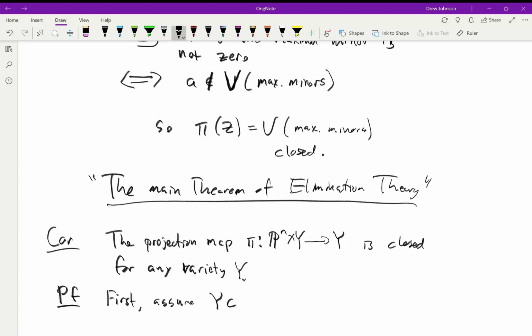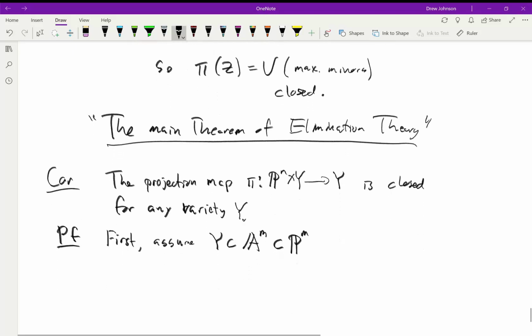So we'll have Y contained in A^m, and we'll do the more general case in a minute. We can think of an affine space as being contained in a projective space in kind of the way that we're used to, right? Now let's let Z be the closed subset of P^n × Y. Closed.